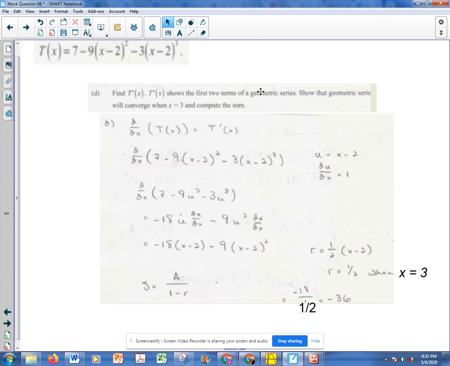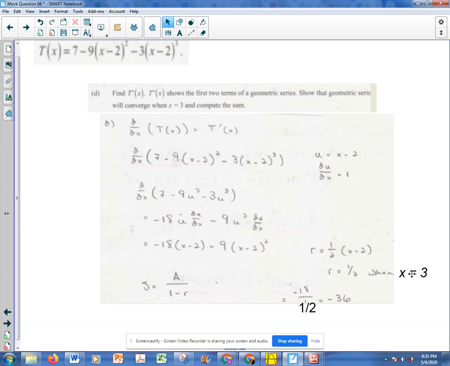Geometric series. There have been a lot of BC calculus exams, and I can't think of a single BC calculus exam where you didn't use this formula, and I don't think this year is going to be the first one. I expect your second question is going to be a Taylor polynomial, and expect to use this. So, they're saying it converges when x equals 3.